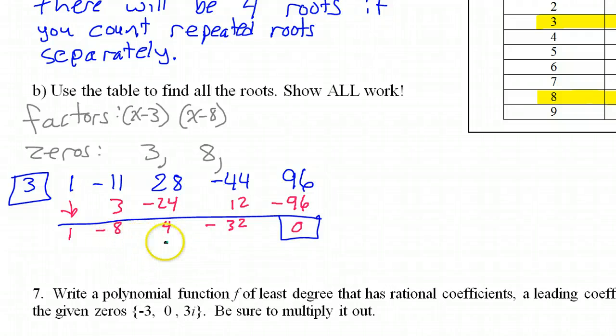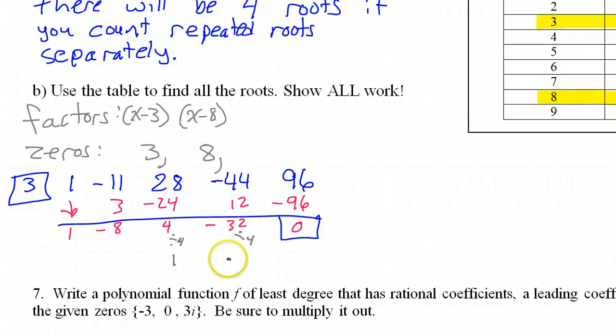You know what? I'm looking at this and I'm looking for grouping. And I see grouping here. I see I have 1 and negative 8, right? When I look for grouping, I look for a GCF, looking at each of the 2 groups separately. So when I look at this group on the right, I imagine, what if I divided both of these by 4? 4 divided by 4 is 1.